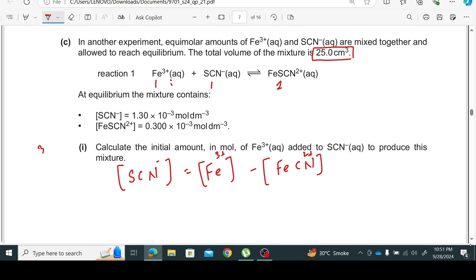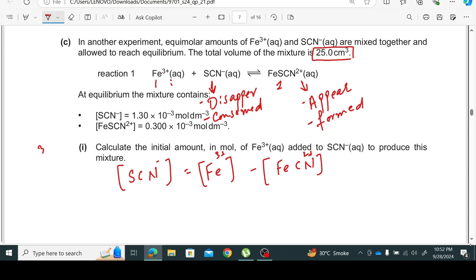It will disappear because it is a reactant. When the reactant disappears, your product appears. In other words, when reactant is consumed, your product will form.